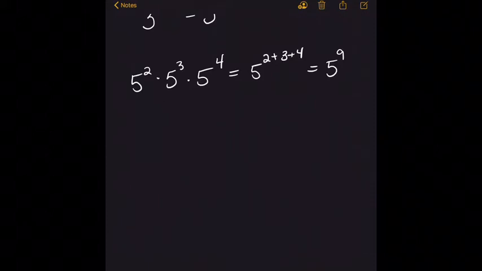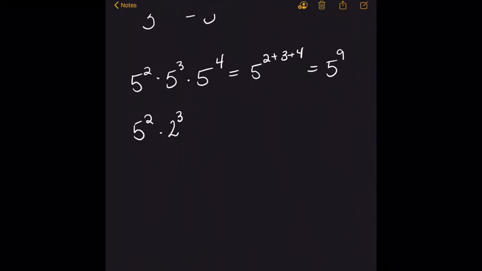And in this case, we don't have to work out 5 to the 9th power, but if it's simple enough, then we should just work it out. So I'm going to let you do the 10 to the 15th power times 10 to the 17th power on your own. But let's look at this one, 5 squared times 2 to the 3rd power.